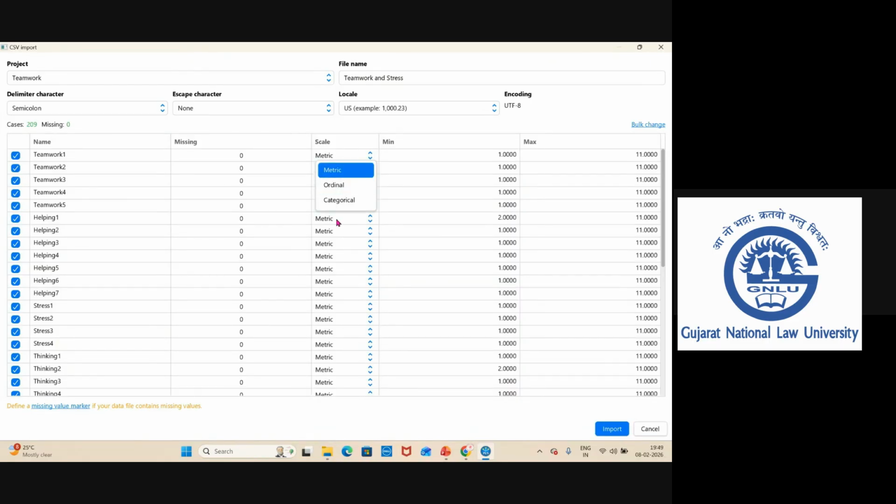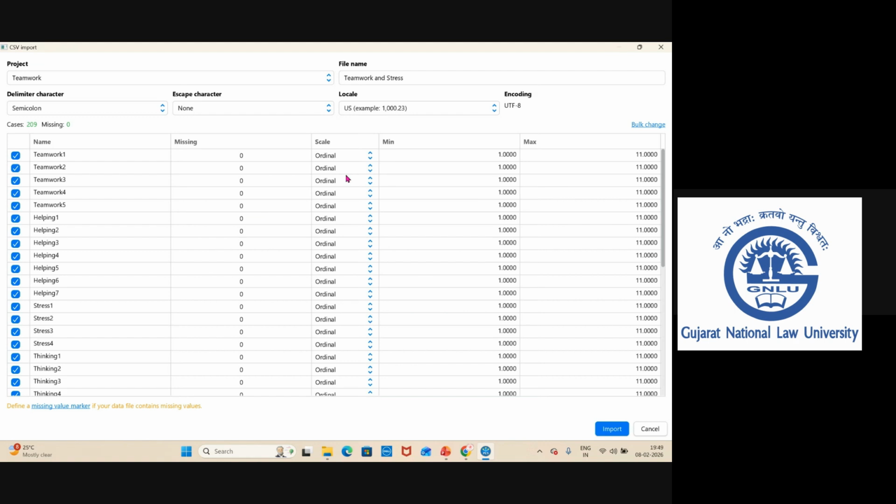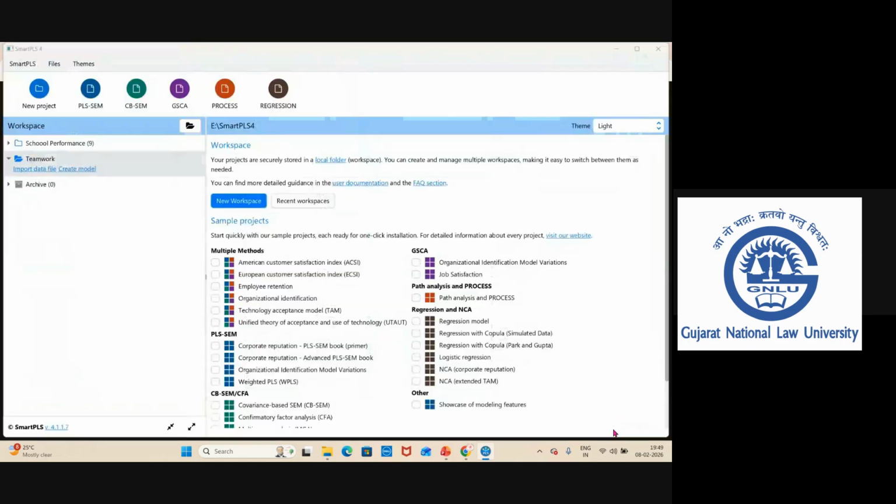If you want to change all the variables at a time, just go to bulk change, select the variables that you want to choose, ordinal. Minimum value is 1, maximum value is 11. Just click on apply. Now you can see that for all the indicators, we have given the scale as ordinal. Okay. Just click on import.